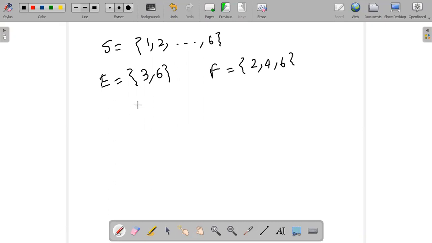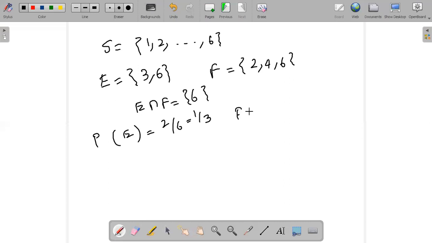Now E intersection F will be 6. And P of E will be 1 by 3, and P of F is 1 by 2.